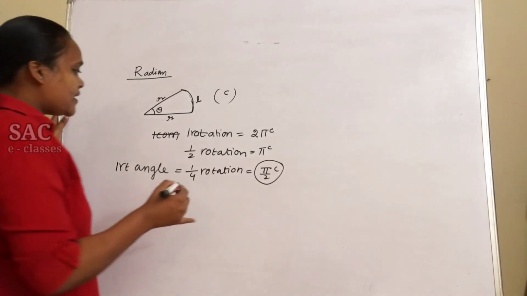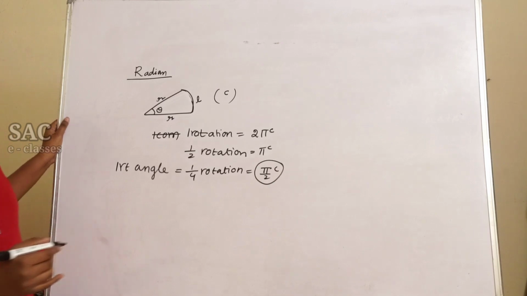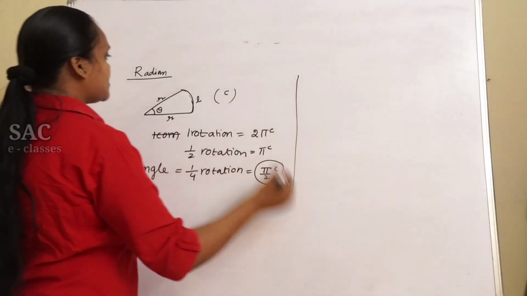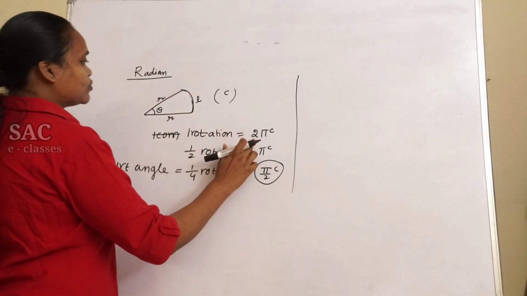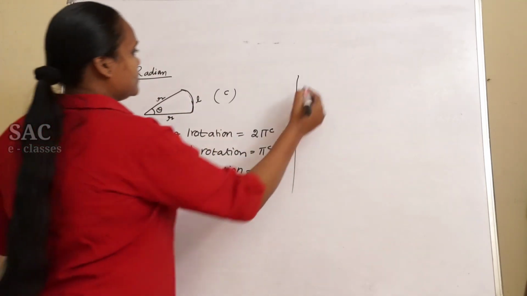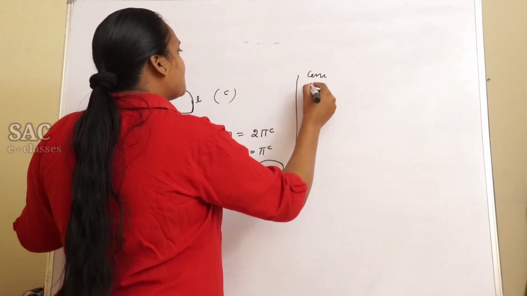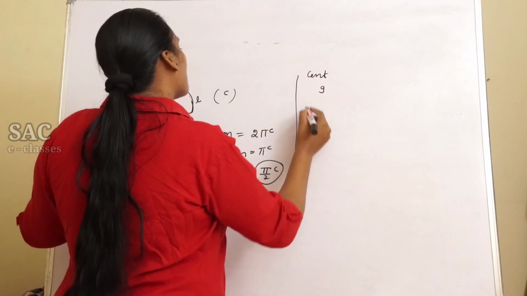Now let me find out a relationship among all these three systems. First, radian measure, measured in radians. One complete rotation is 2 pi radians. Next one is the centesimal system. The unit of measurement in the centesimal system is grades.